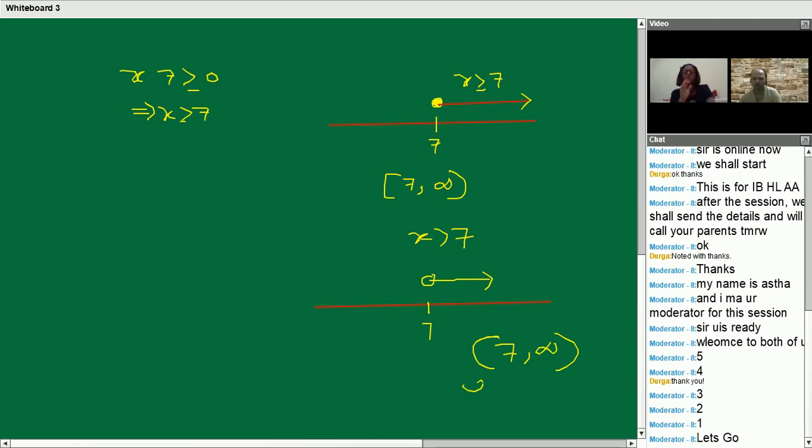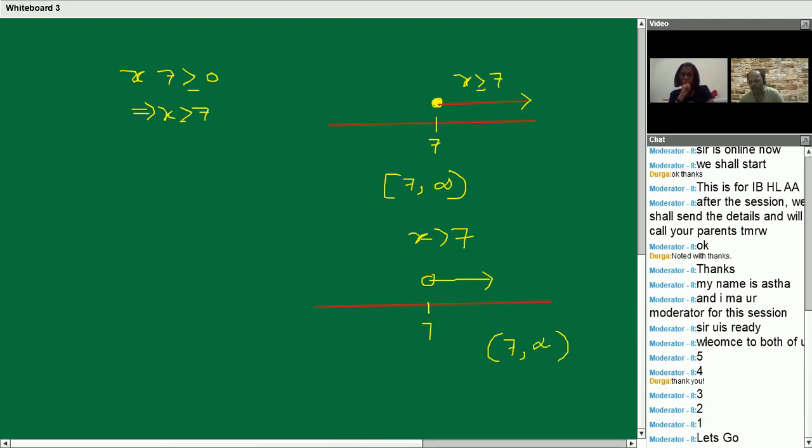So this is open. What is the reason for using the curved bracket on the infinity side? Why don't you use the square bracket? It's basically notation. It refers to the endpoint being excluded. If we start our journey from 7, it means 7 is not included.